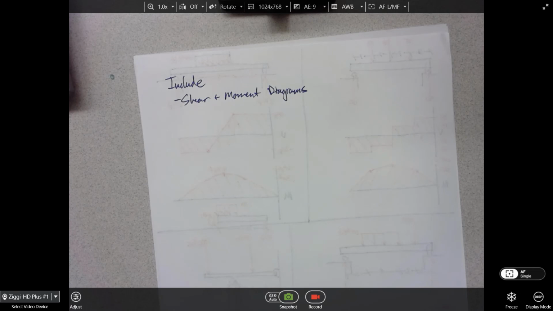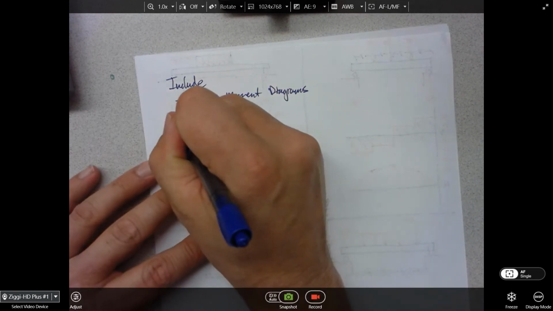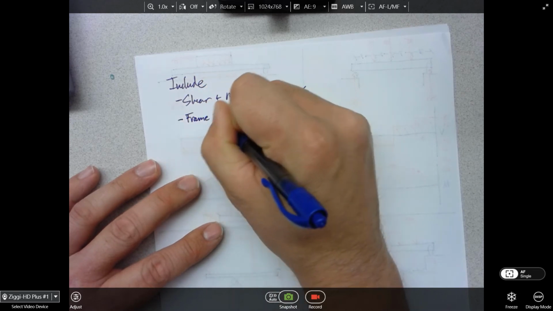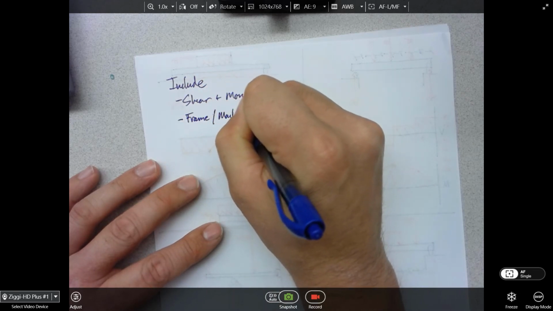Okay? It may include something that's a whole lot easier to solve using equations. I don't know. I haven't written it yet. Okay? So I want you to be familiar with both the equation and the graphical method for doing shear and moment diagrams.